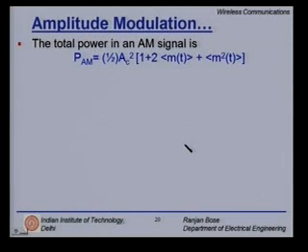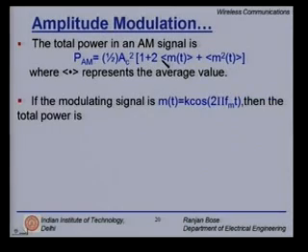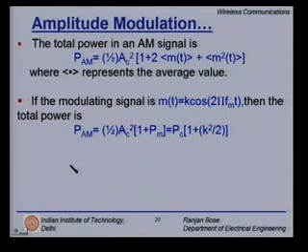The total power in an AM signal is given by this formula, where this triangular bracket represents the average value. If the modulating signal is m(t) = k cos 2 pi Fm t, then the total power is given by this formula: P_AM = half Ac squared (1 + Pm).